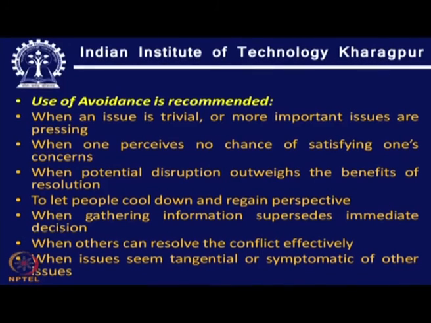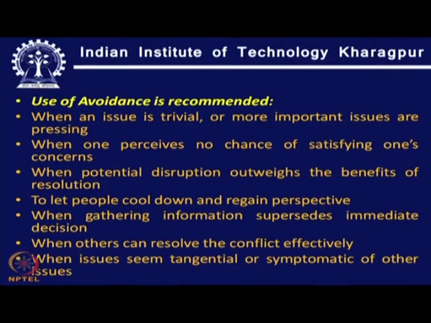Avoidance also fits where some decisions need to be taken based on information collected at different points of time, so we cannot arrive at an immediate decision or solution. And when we find that the presence of others can resolve the conflict effectively, and when issues are symptomatic of other issues.